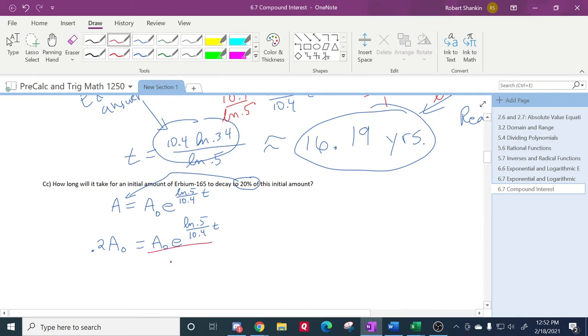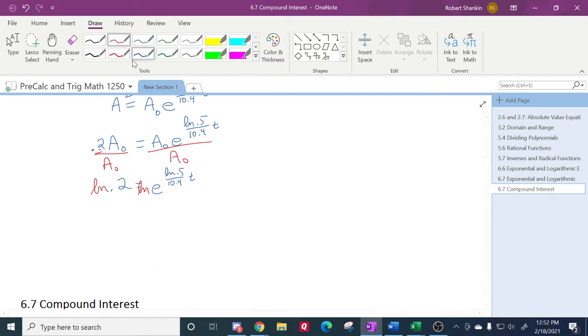First step, divide out the A0. Next, I'm going to take the ln of both sides. I'm going to get these to cancel.